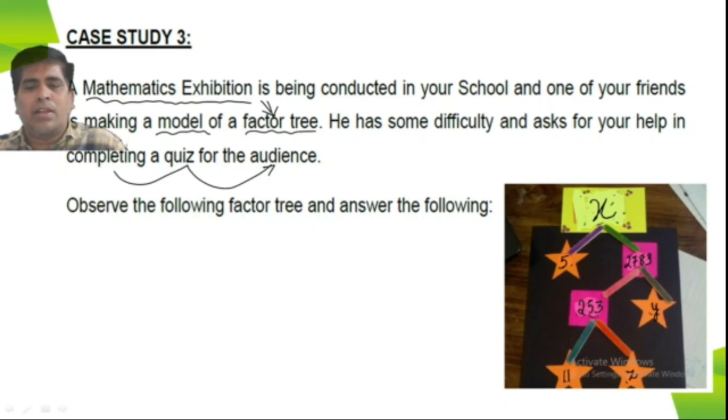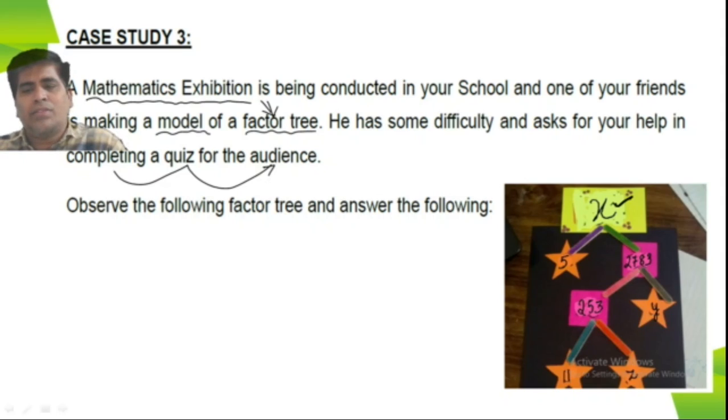Here we have mathematical numbers and values. x is a variable, and x is missing. x is divided into a product of two terms, 5 into 2783.